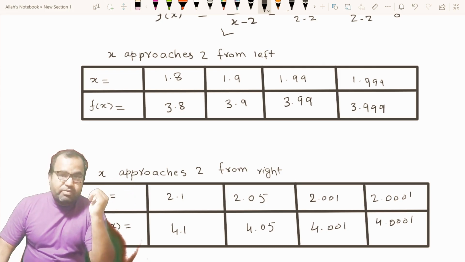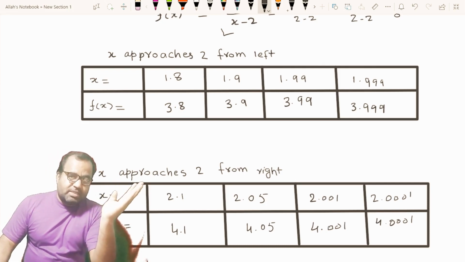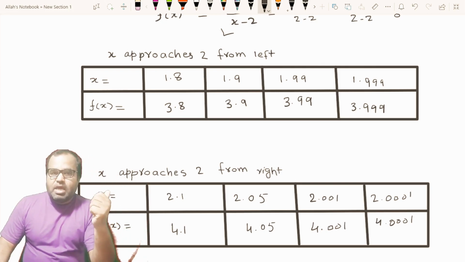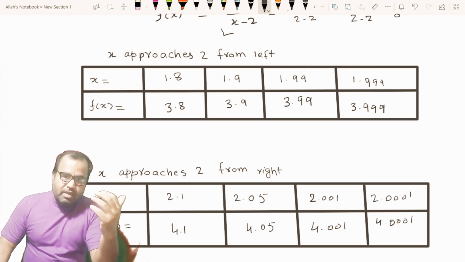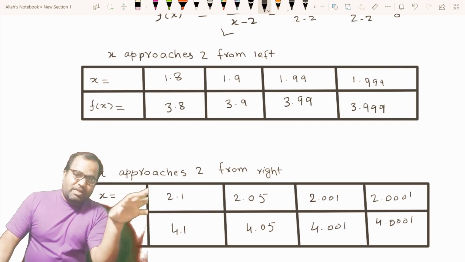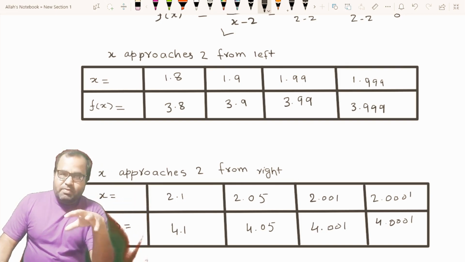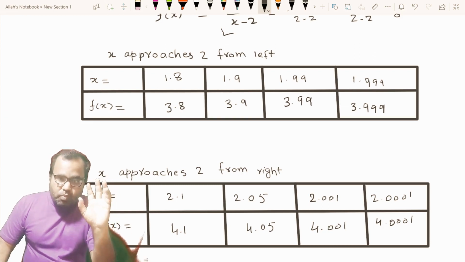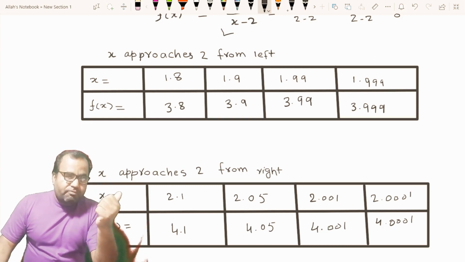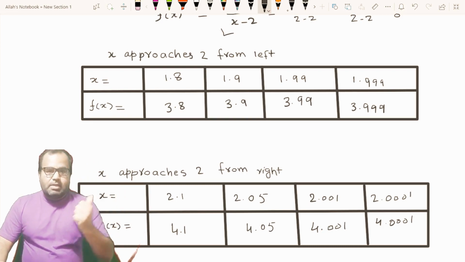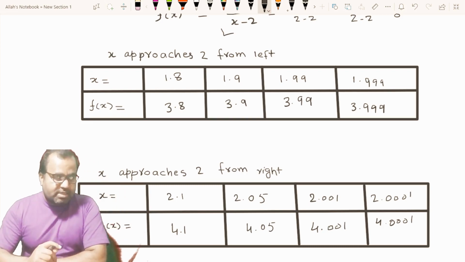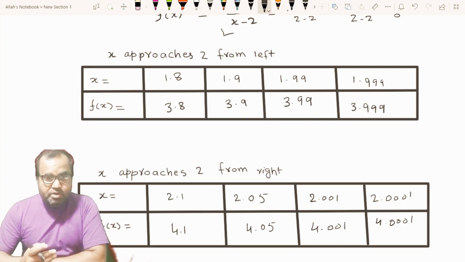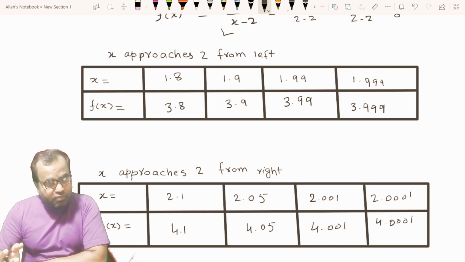When we put values from the left side like 1.8, 1.9, 1.99 and 1.999, our answer is not undefined. When we put 1.8, it is 3.8, and after putting 1.9, it is 3.9, which is close to 4.